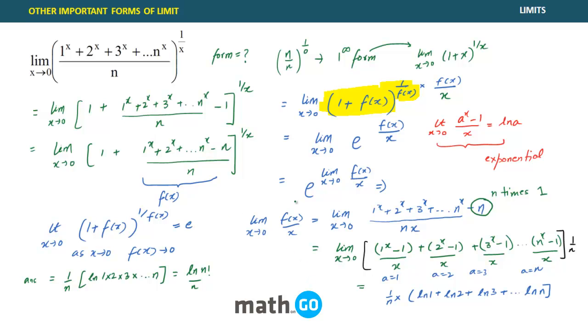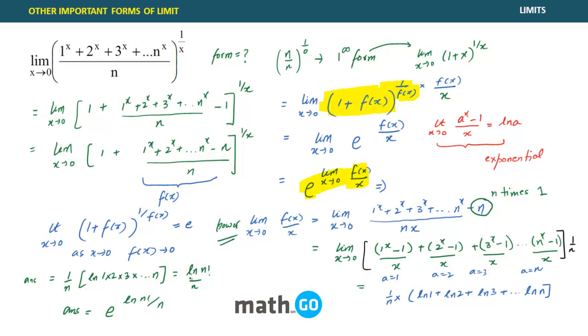And remember that we just have solved this particular power here. We just calculated the power, right? The answer was e raised to power, so we wanted e raised to power here. The final answer here would be e raised to power ln n factorial by n.